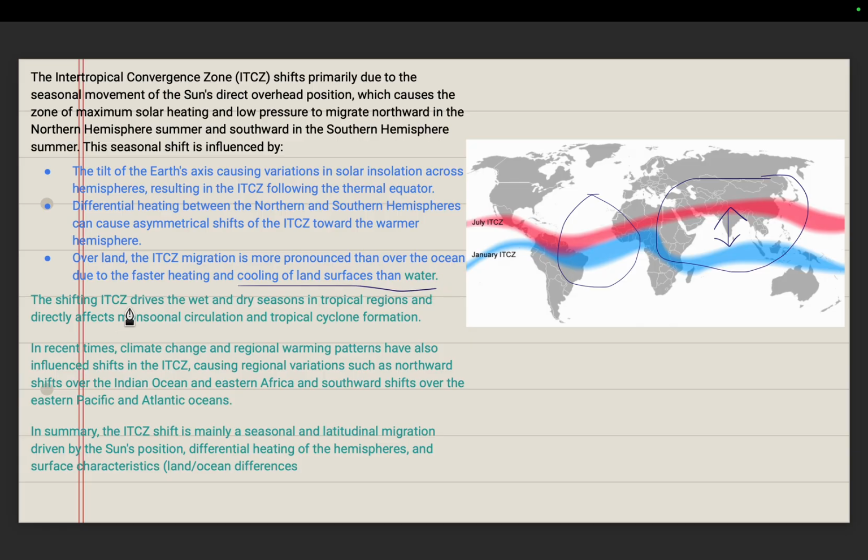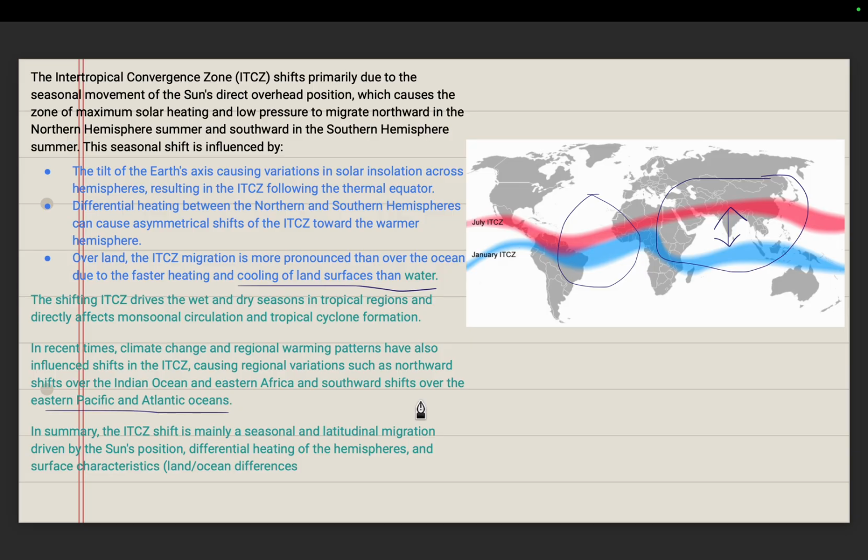The shifting of the ITCZ drives the wet and dry seasons in the tropical regions and directly affects monsoonal circulation and tropical cyclone formation. In recent times, climate change and regional warming patterns have also influenced the shifts in the ITCZ, causing small regional variations, such as a northern shift over the Indian Ocean and Eastern Africa, and a southward shift over the Eastern Pacific and Atlantic Ocean.